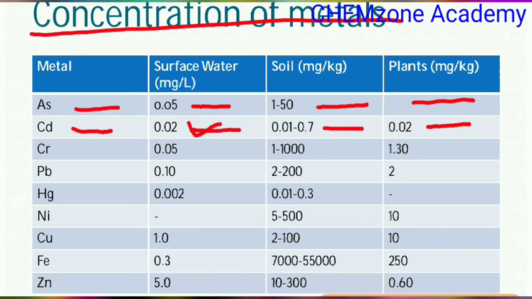So in surface water and plant it is a very similar amount, but in soil it is around negligible, but even then it affects.